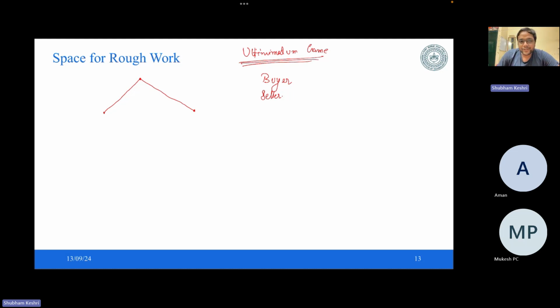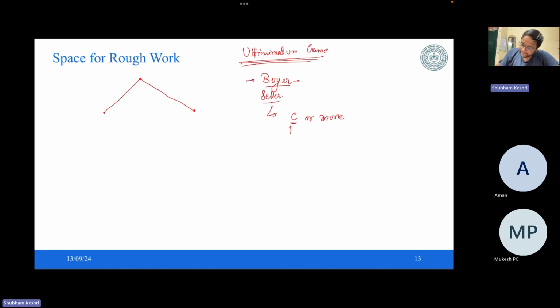So the context of an ultimatum game for continuous values. Suppose there is a buyer and a seller, and the cost of production for a seller is C. So the seller makes a good at a price C, and he is willing to sell the good at a price C or more. And suppose this buyer is more powerful.